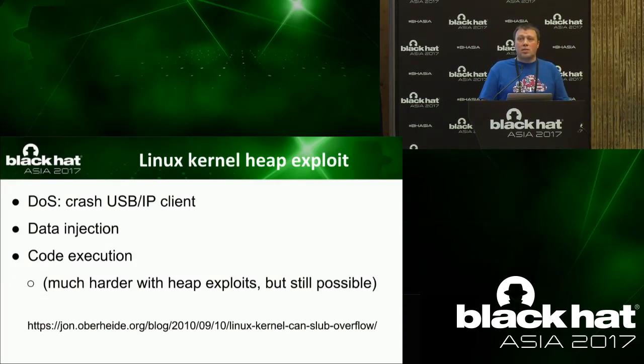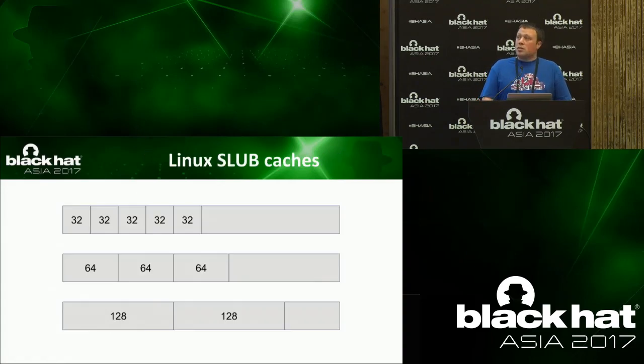It used a vulnerability which led to kernel heap exploitation, and this blog post has step-by-step code examples of how to gain code execution on the compromised system and elevate your privileges there. However, the USBIP vulnerability is actually more flexible for the attacker than most of the other kernel vulnerabilities.